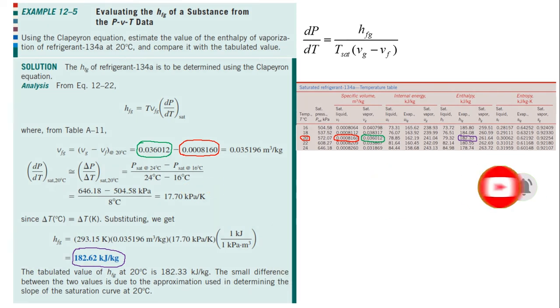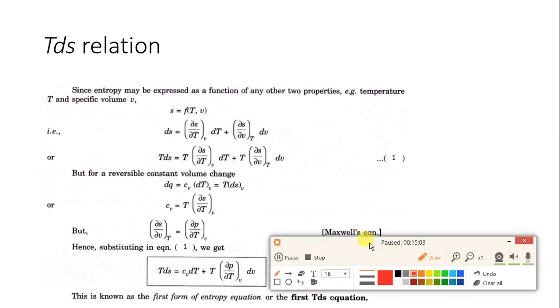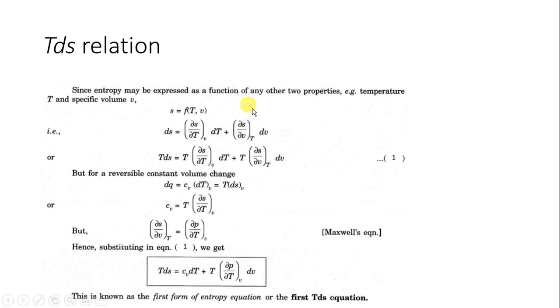Now we will see the next one. Now we can write entropy as a function of temperature and volume. So now differentiate this equation. You can write this equation, then multiply this equation throughout by T, you will get this equation.